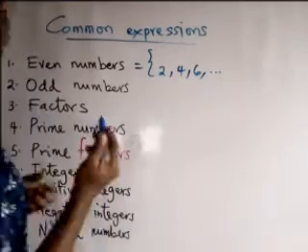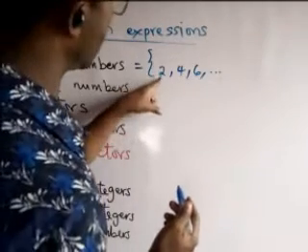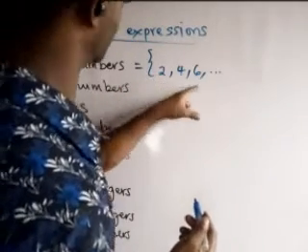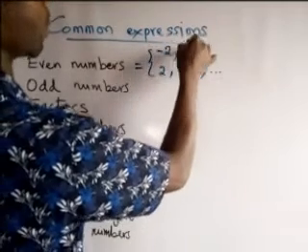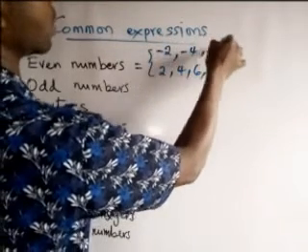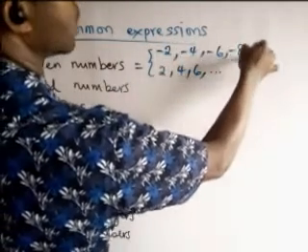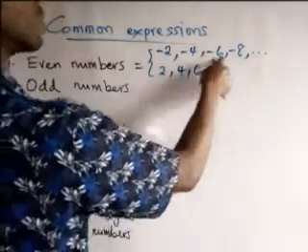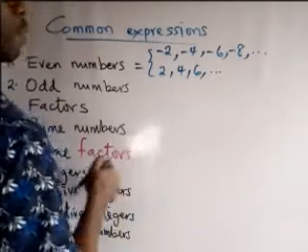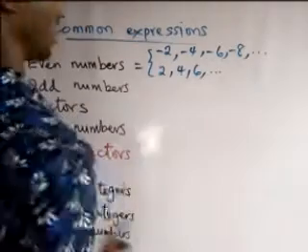Some people think even numbers are only positive numbers. That is not true, because if I pick -2, -4, -6, -8, and so on, you see that 2 can divide each of these numbers without a remainder. So all of these are even numbers.